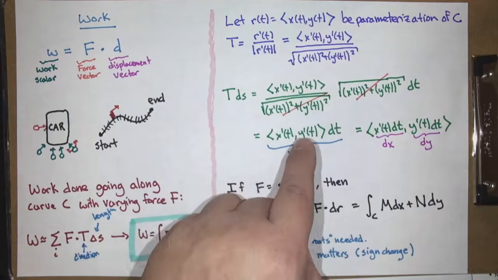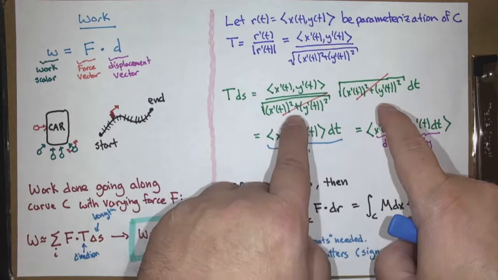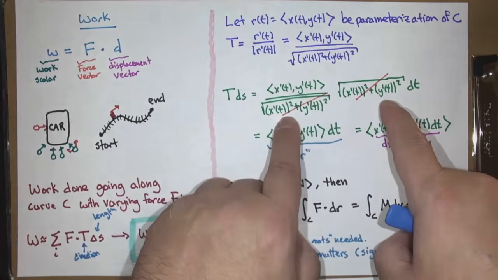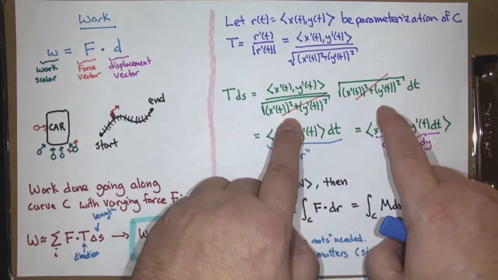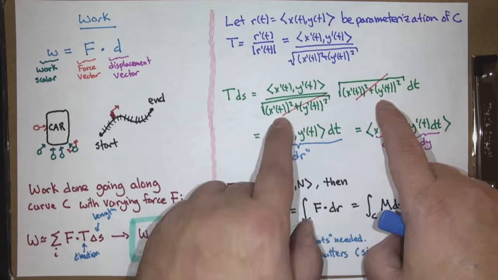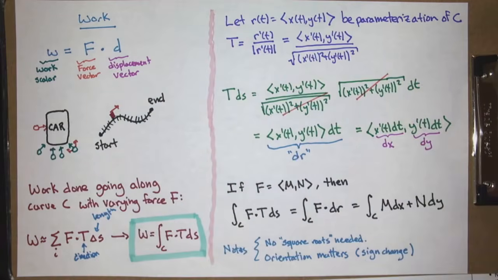But the magic is you have 2 square roots, one from T and one from ds. And they cancel. Oh, happy days, happy days.